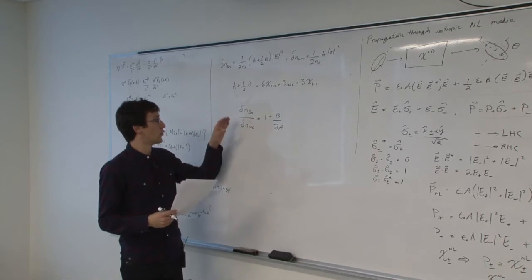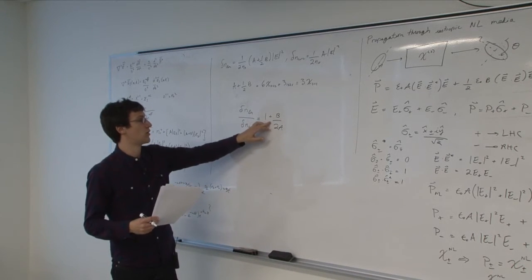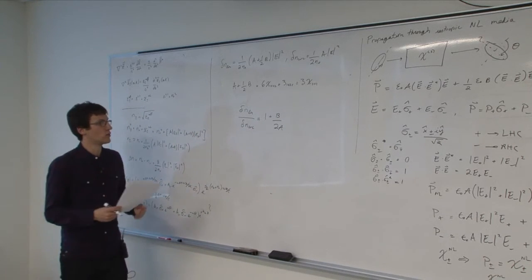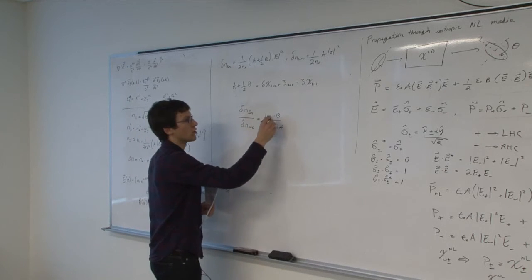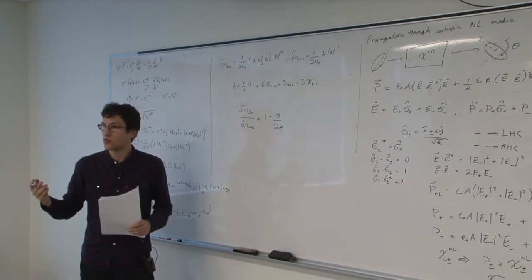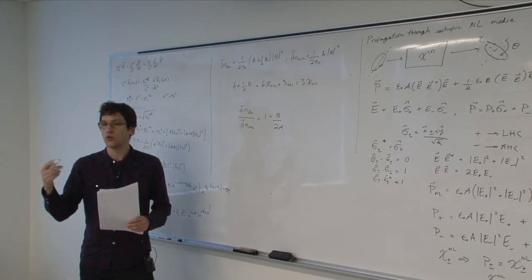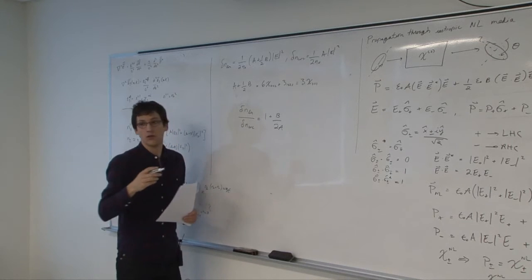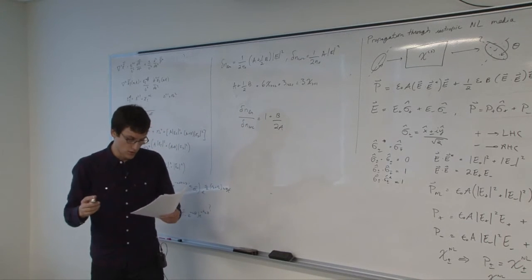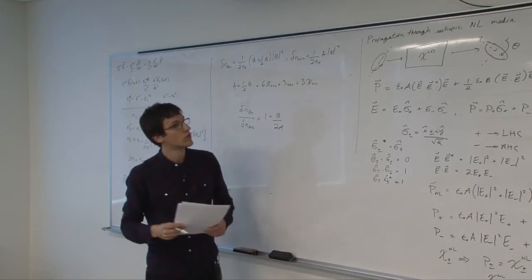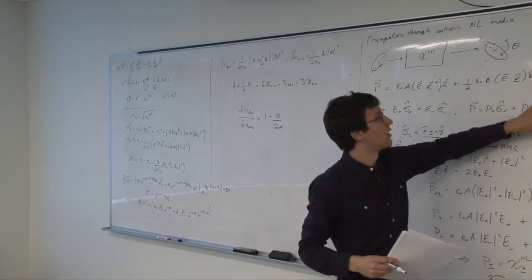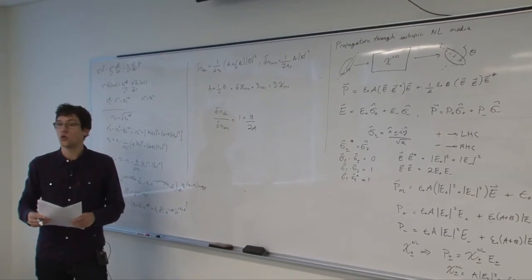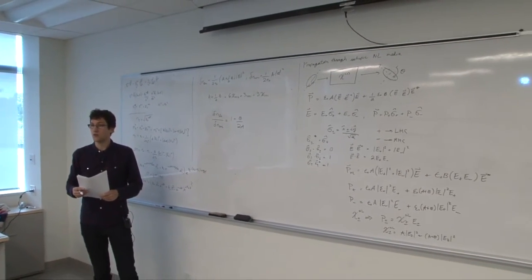And the ratio between the two is given by this expression, 1 plus B over 2A. It turns out that the relation between the chi3 elements, which is reflected by the B and the A parameter, depends on the process we're talking about. Earlier, I've written down the different types of chi3 processes that exhibit an intensity-dependent refractive index.